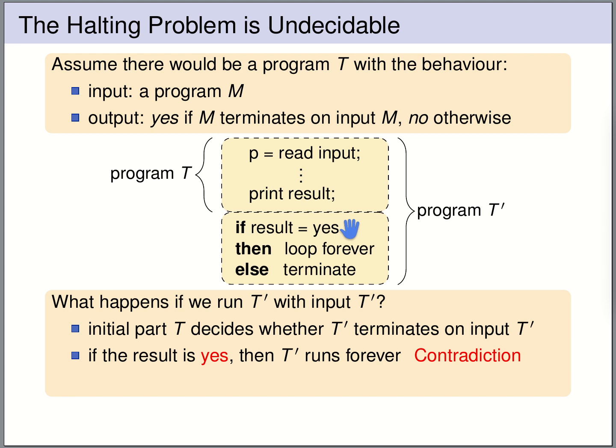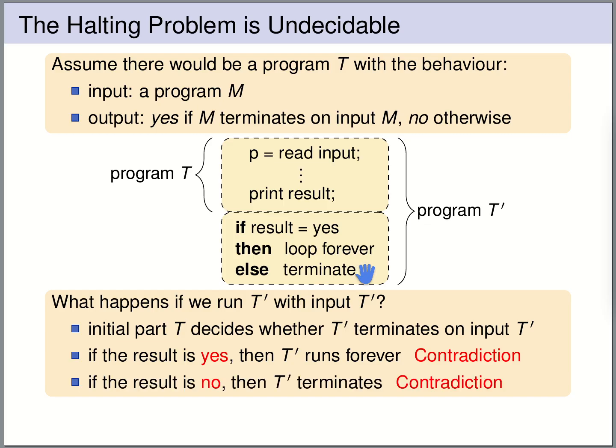And if the answer is no, so if the program T says that T prime does not terminate on T prime, then what T prime actually does is it terminates. So this is also a contradiction. In each case, the program T prime does exactly the opposite of what the program T tells it does.